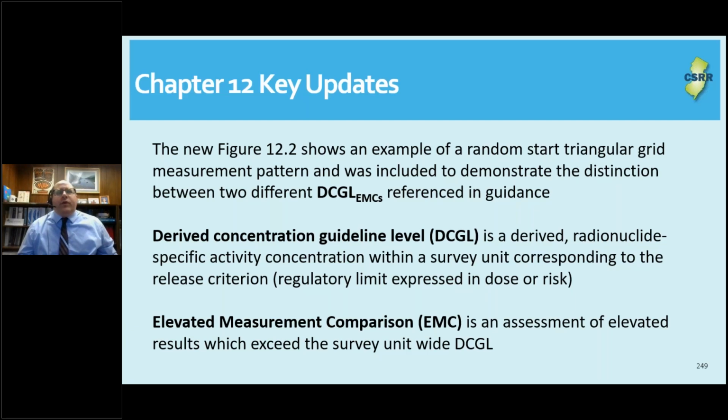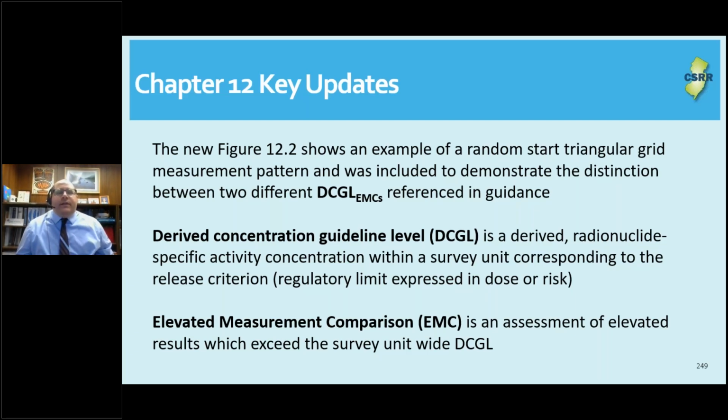The new figure 12.2 shows an example of a random start triangular grid measurement pattern, which is the preferred pattern for radiological cases, and was included to demonstrate the distinction between 2 different DCGL EMCs referenced in guidance. DCGL, Derived Concentration Guideline Level, is a derived radionuclide-specific activity concentration within a survey unit corresponding to the release criterion, which is a regulatory limit expressed in dose or risk.